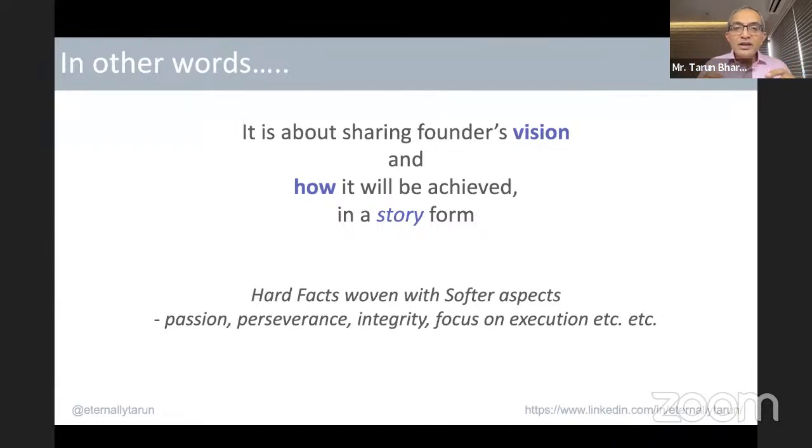Every lender looks at the founder, the promoter, and the people behind, about their integrity, their value systems, their way of doing business, and how they have run and managed the business. For them, that is very, very important and key. As much as it is important for the debt investors, the same thing is important for the equity investors as well.